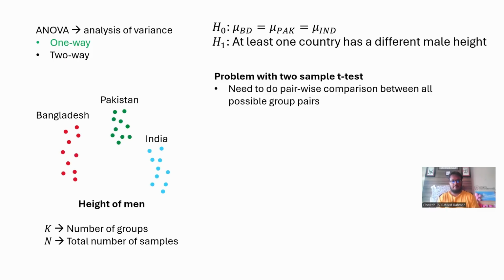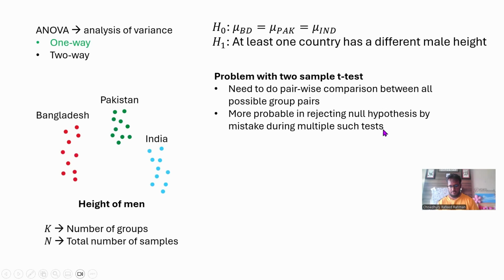What is the problem with comparing so many pairwise groupings? The problem is something called a false positive. We may mistakenly reject one or two null hypotheses, because when we do so many tests, obviously there will be some tests where we make a mistake and mistakenly reject the null hypothesis. We don't want to do that.